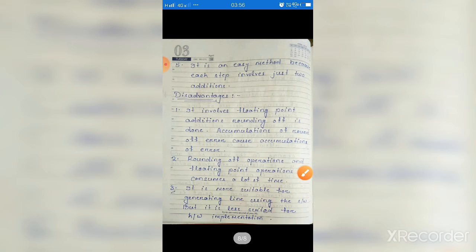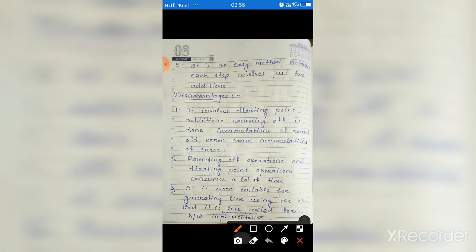Another one is it is an easy method because each step involves just two additions, to find the increment values xk plus 1 and yk plus 1.